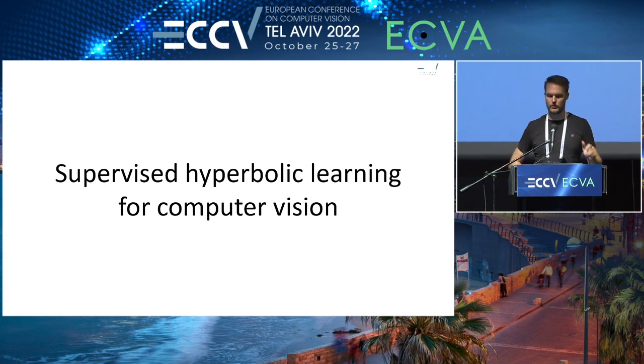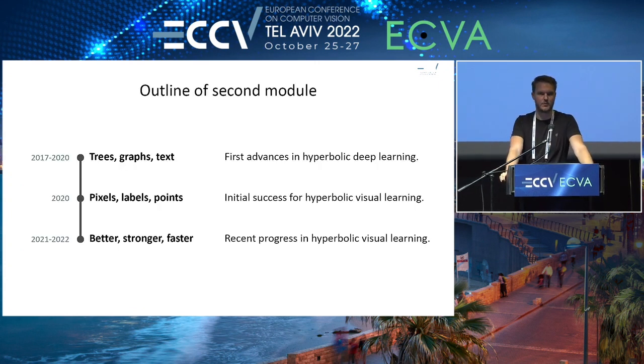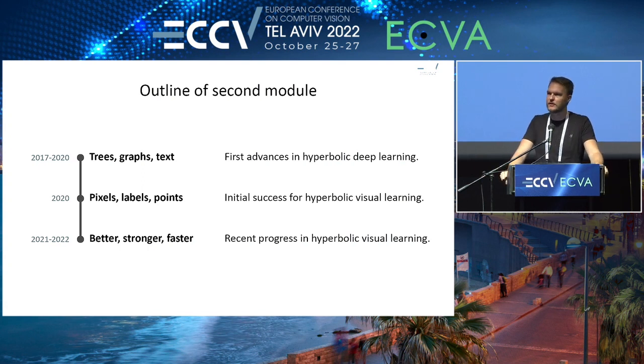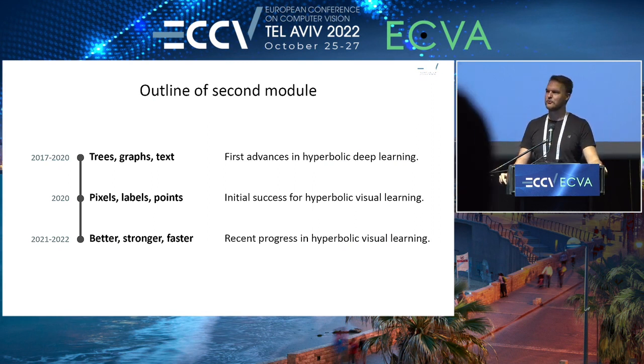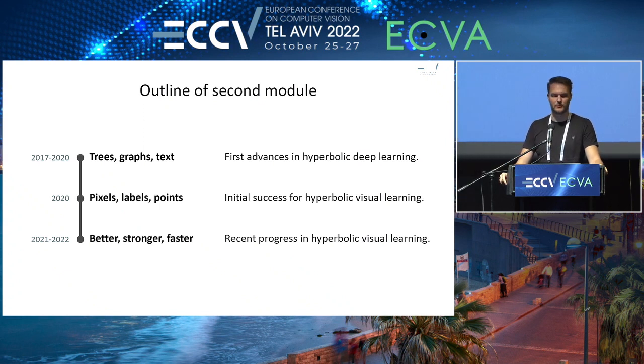So we'll go into a short historical perspective until, roughly, last ECCV. No, sorry, CVPR. So I thought it would be best to split it into 3 parts. So we cover the last 5 years in 45 minutes. We start from graphs and trees and text, the first sources of success for hyperbolic geometry.